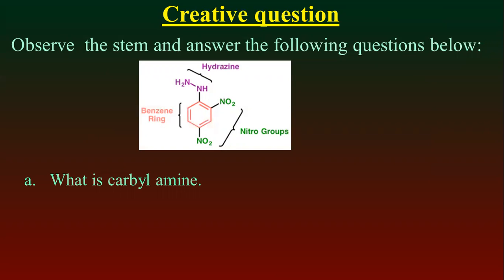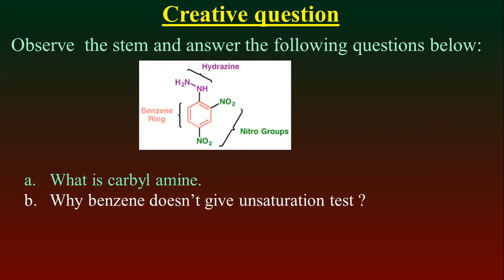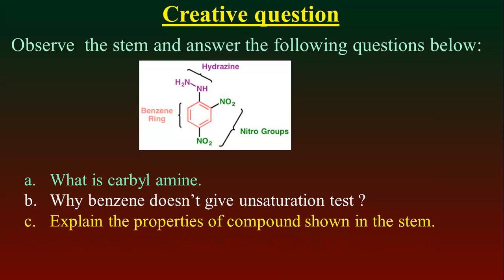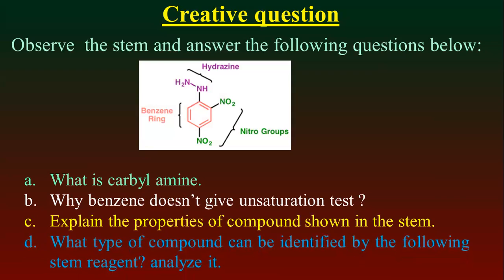The first one is what is carbylamine, and the second one is why benzene doesn't give the unsaturation test. The next one is an explanation type question: explain the properties of the compound shown in the stem. That means here you have to write some properties of the 2,4-DNP compound, and finally you have to analyze what type of compound can be identified by the stem reagent.